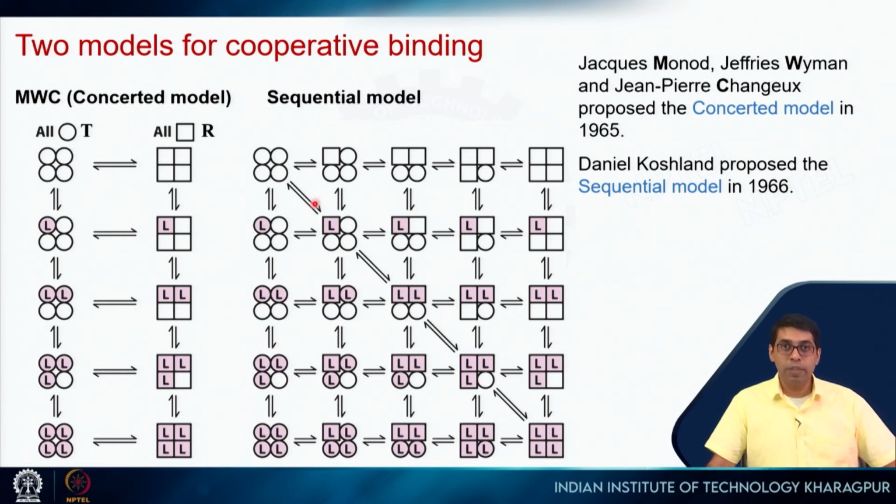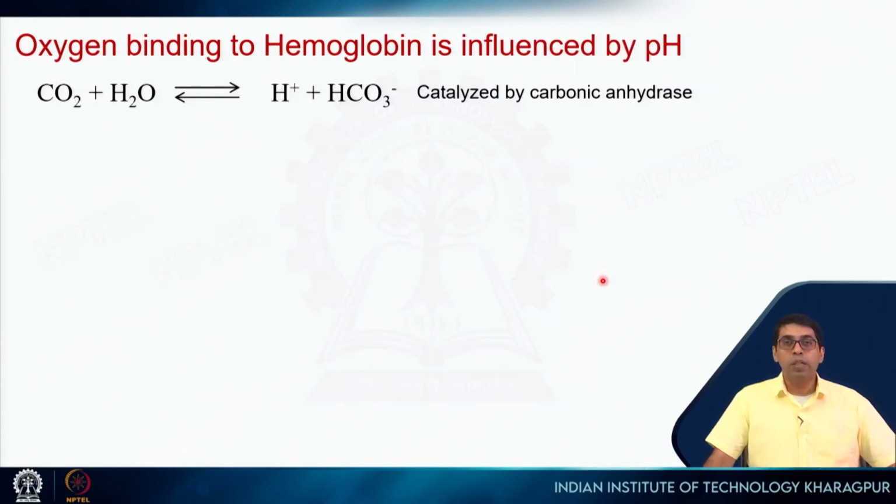But overall what happens is, as this T gets converted to R, your affinity will keep on increasing. So the equilibrium will keep on shifting from this left hand side towards the right hand side. Right?